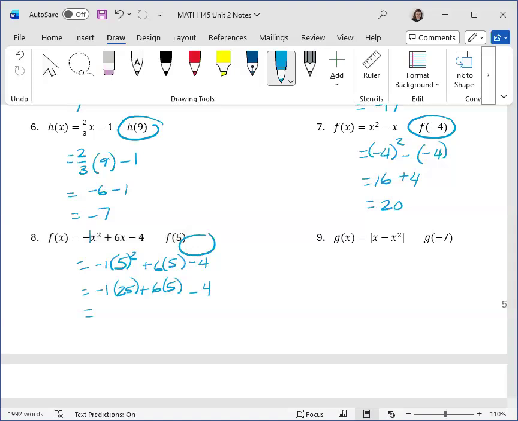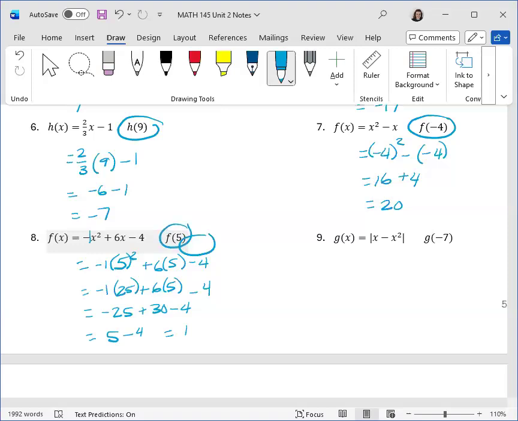So -1 times 25 is -25. 6 times 5 is 30. So that our last step is any adding and subtracting from left to right here. So -25 plus 30 would be 5, minus 4. That would give me a 1 for that y value. So when x is 5, y is 1.